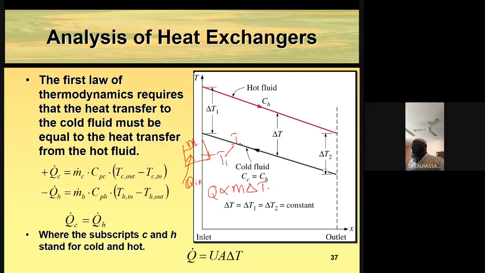So a high temperature difference gives us more Q in. To remove the proportionality sign, we put in a new constant, and we name it Cp. So this gives me M Cp times delta T.